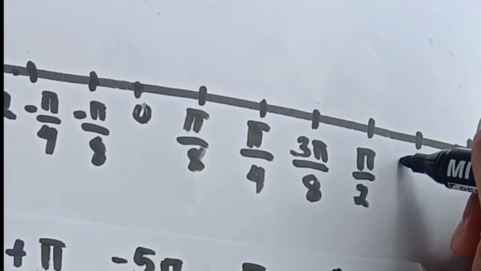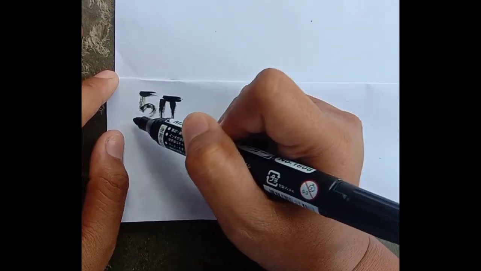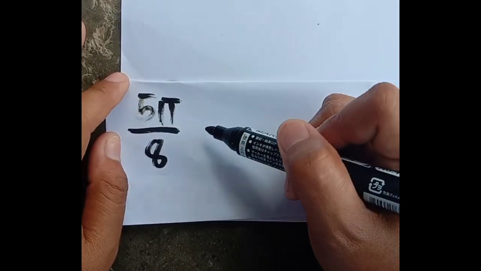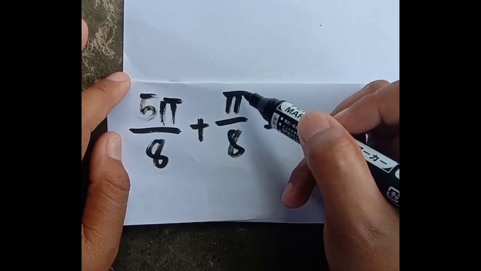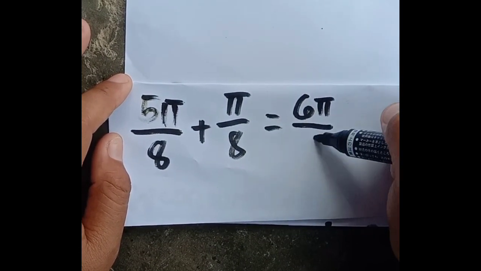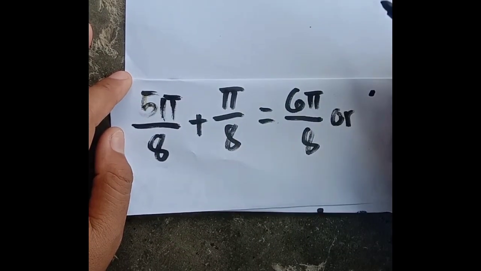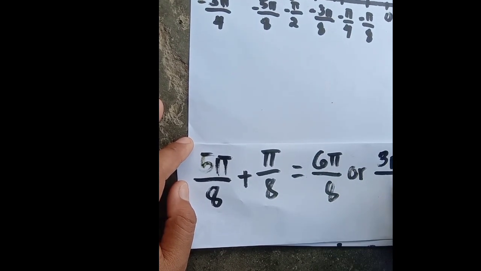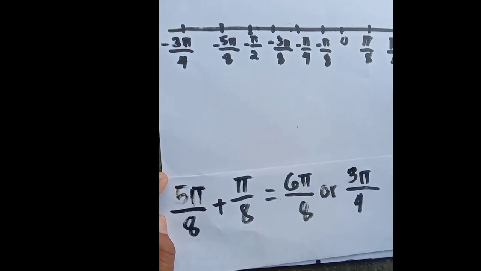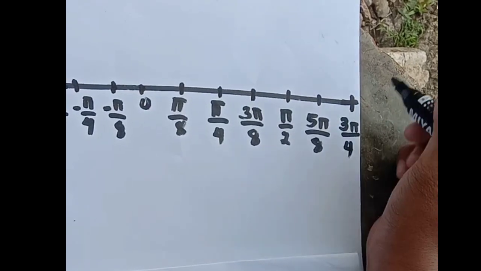So put it here, 5 pi over 8. So 5 pi over 8 plus pi over 8. So 5 pi plus pi equals 6 pi over 8. Or reduce to the lowest term, 6 divided by 2 equals 3, 8 divided by 2, 4. And write it here, 3 pi over 4.